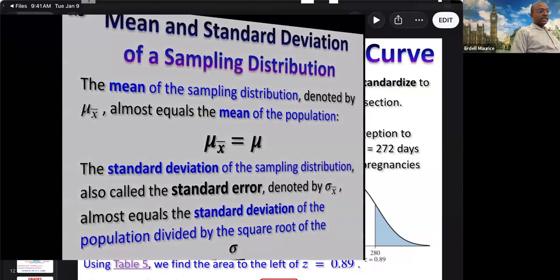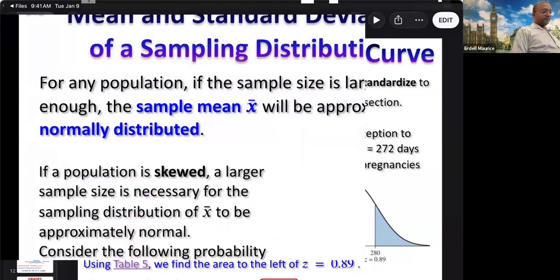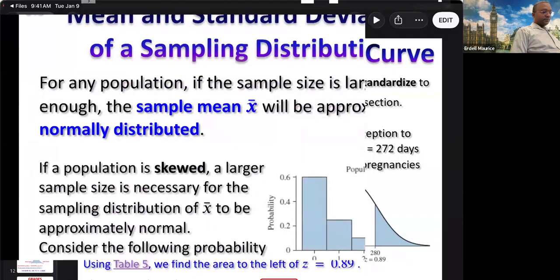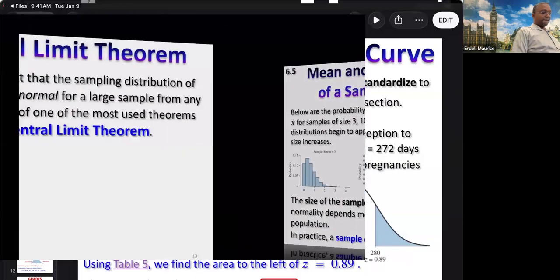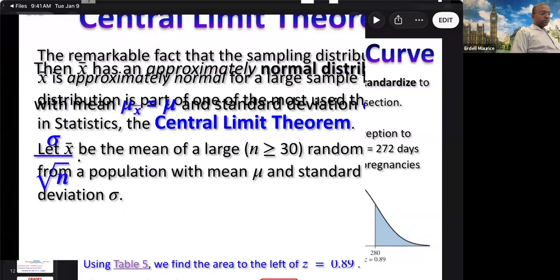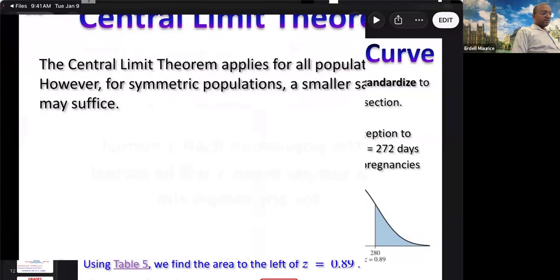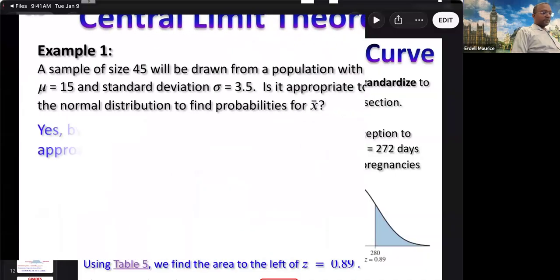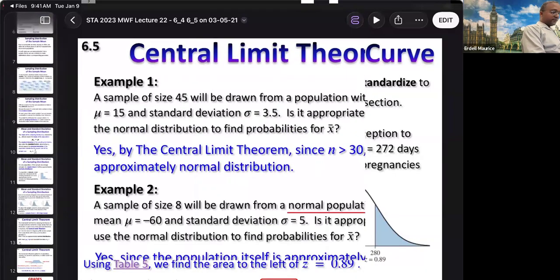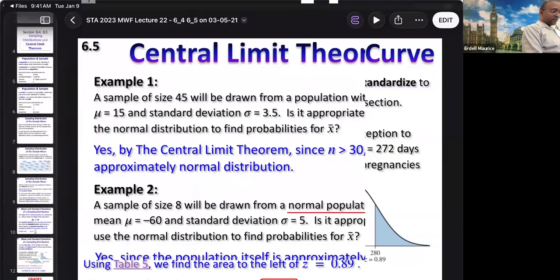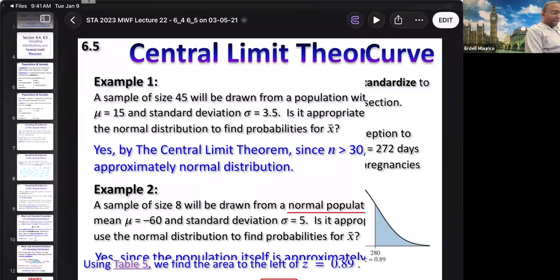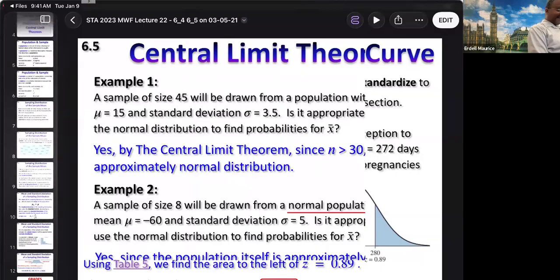Let me see if I can show you this in a different way. Before we get to CLT, what am I looking for? Where is it? Hey, where is mine?